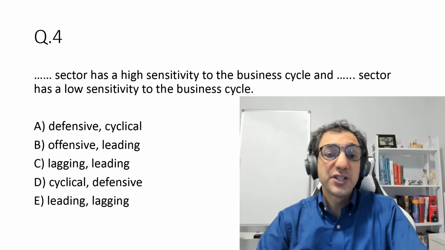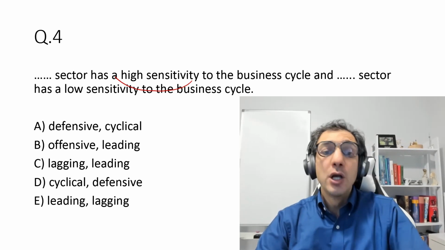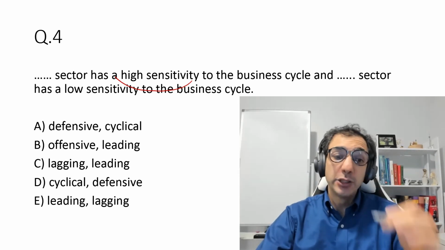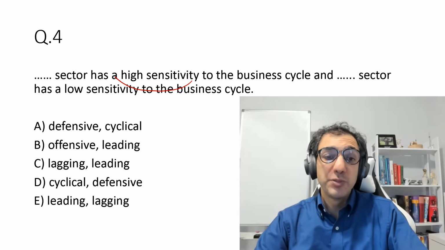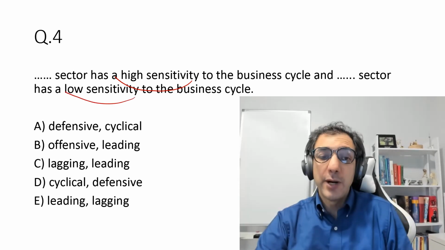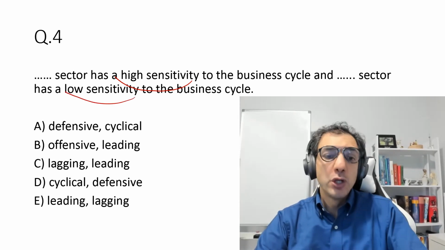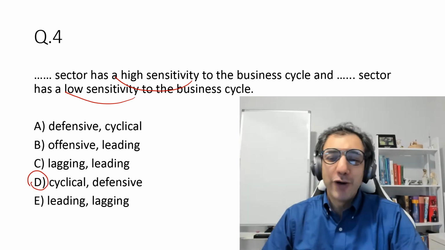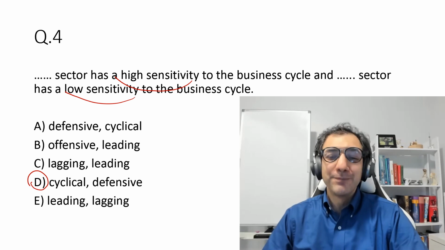So we're talking about the high sensitivity to the business cycle. So high sensitivity is related to the cyclical. So the first portion should be cyclical. And which sector has low sensitivity to the business cycle? So we talk about defensive. So the first part should be cyclical. The second should be defensive. Then the right answer is D.